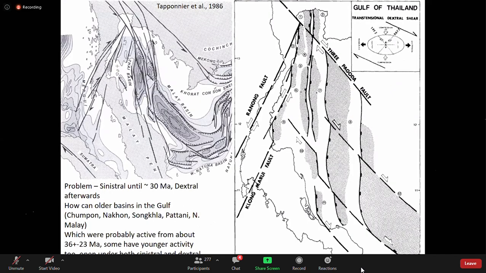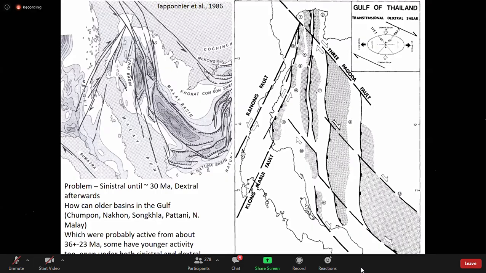The model for strike slip produced the first explanations for the rift basins in the Gulf of Thailand. Tapponnier explained it under sinistral deformation. Pollachan explained it under dextral deformation.